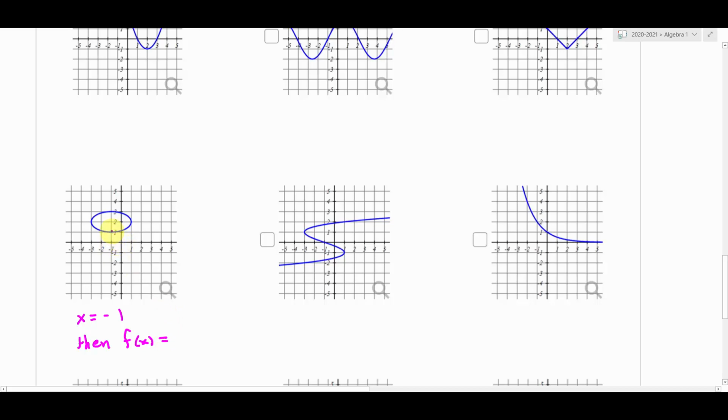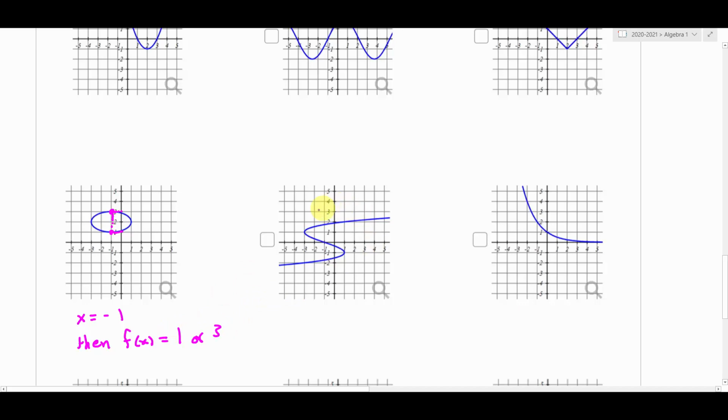If I go to -1, I hit the graph right here at 1, or I could keep going up and hit the graph again here at 3. So if I put a -1 in, I could get a 1 or a 3, and that violates the definition of a function.